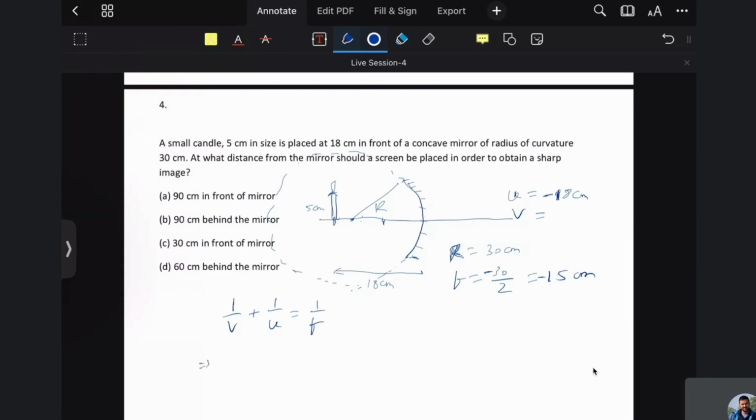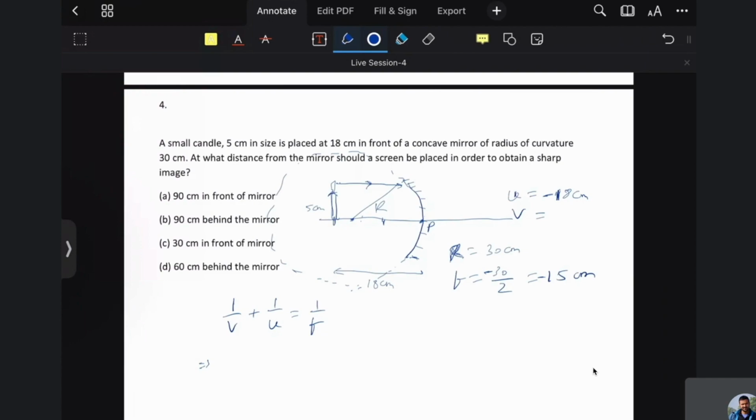Here the distances measured towards the incident ray are positive, and opposite to the incident light is negative. Since we are measuring the distance from the pole of the mirror, on the left side all the distances will be negative.